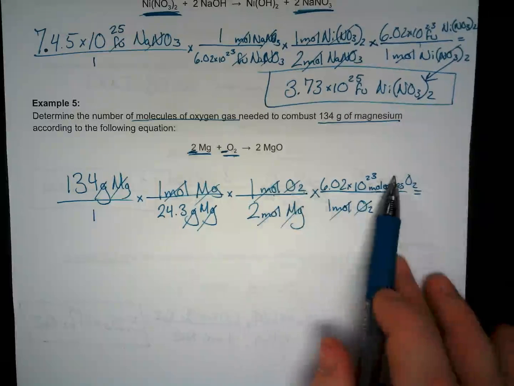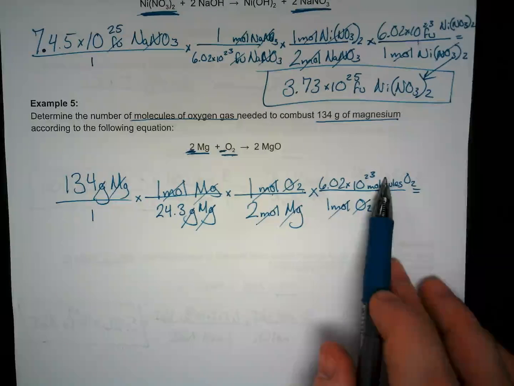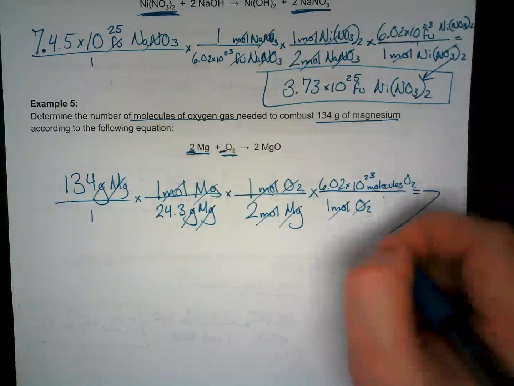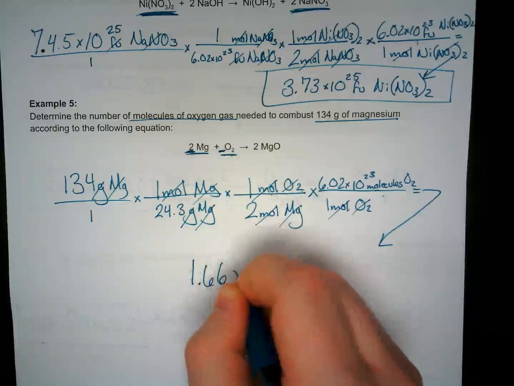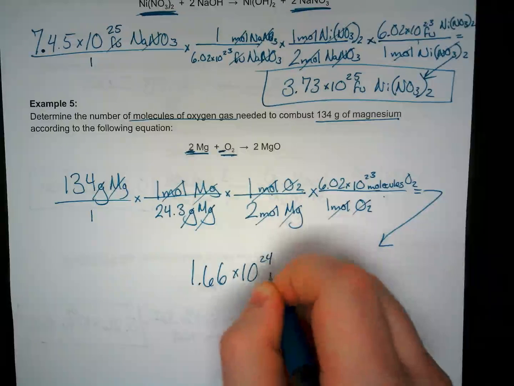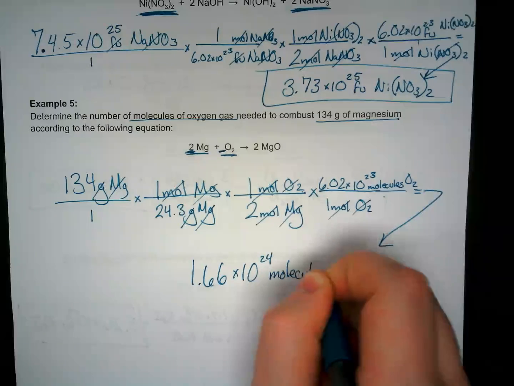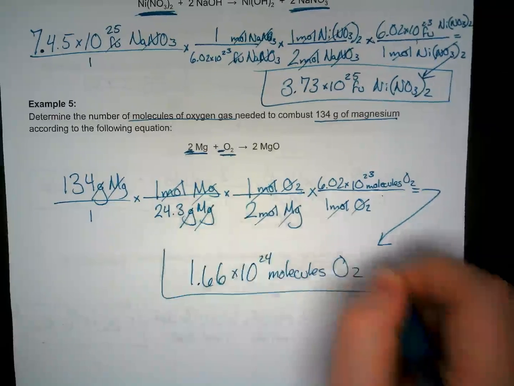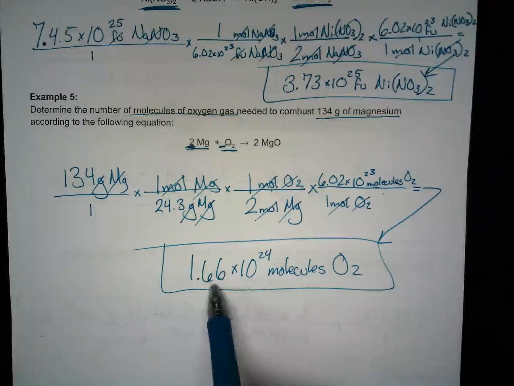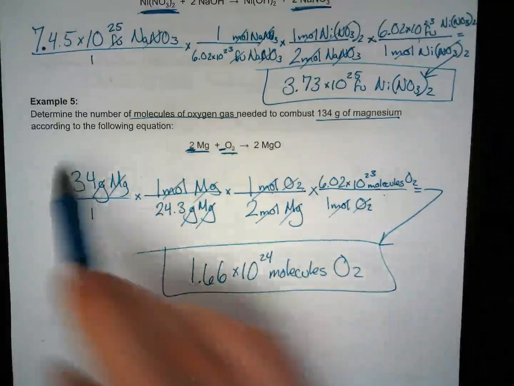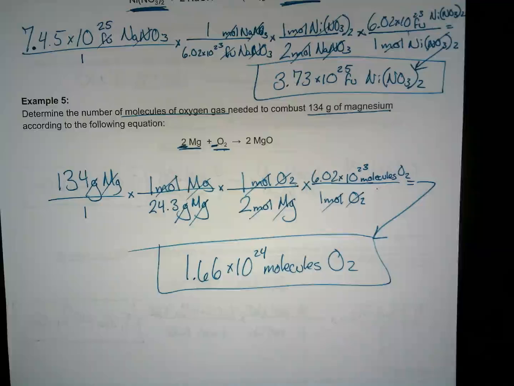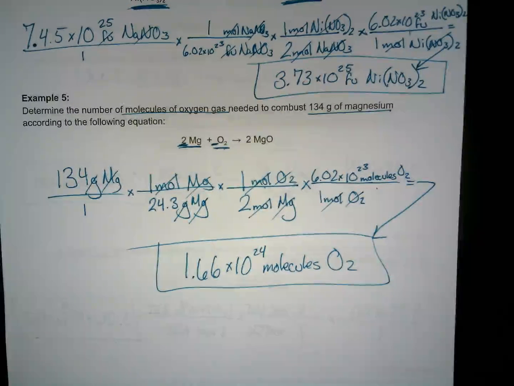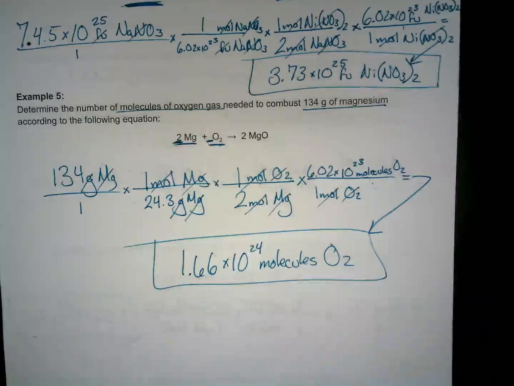I'm going to multiply across the top, multiply across the bottom, divide top from bottom, and this is what we should get. We should get 1.66 times 10 to the 24th molecules of O2. Keeping with the same number of sig figs, because we have 3 here, we should have 3 here, okay? Molecules of O2, and I'm showing all my work, all good, and this would be the correct answer.